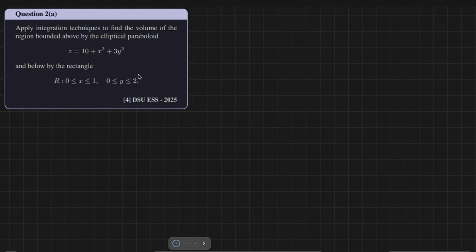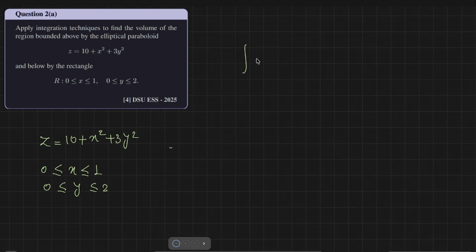If you don't know the paraboloid, don't draw it. You can simply start with dx dy, and both the limits are constant. For dx dy, the first limit of x is 0 to 1, the second limit of y is 0 to 2. Start like this, or in the exam you have to mention it like this. First of all, write z equals 10 plus x plus 3y square, and the limit of z is 0 to 2.